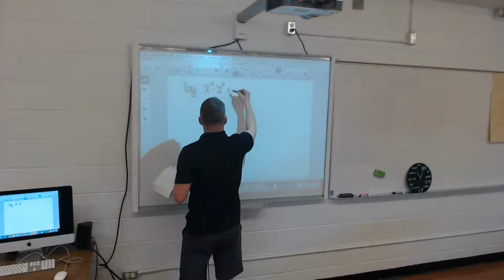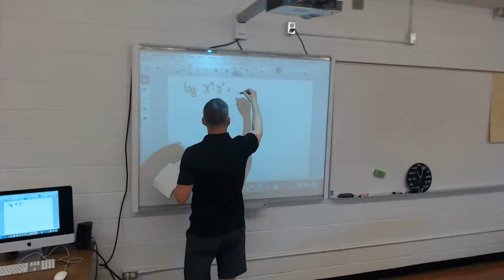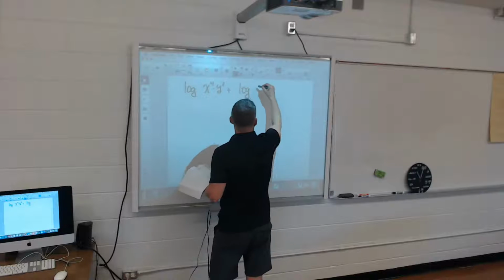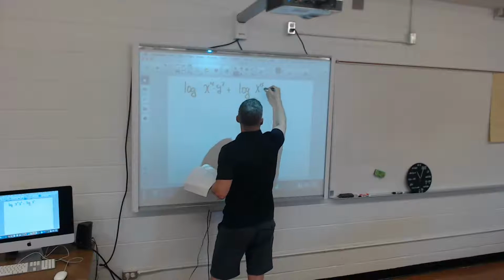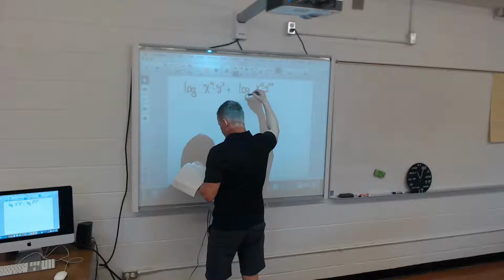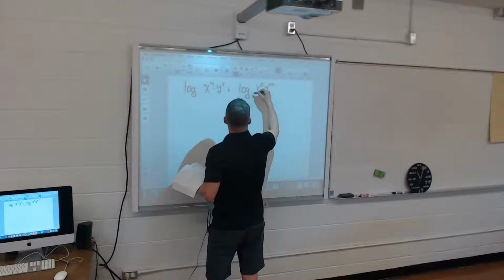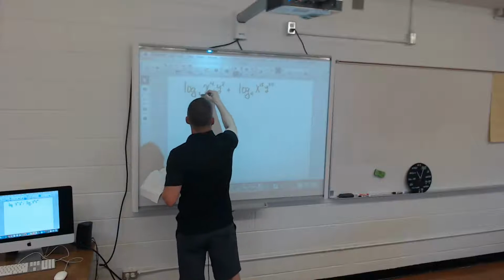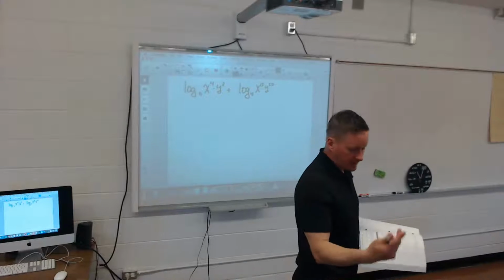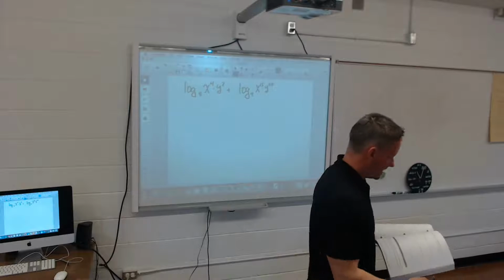And then I've got plus. Now watch this one. I moved that 5 up as an exponent, and then I would have multiplied it in. So I get x to the 15, y to the 20th.